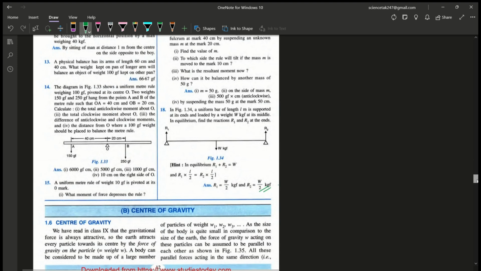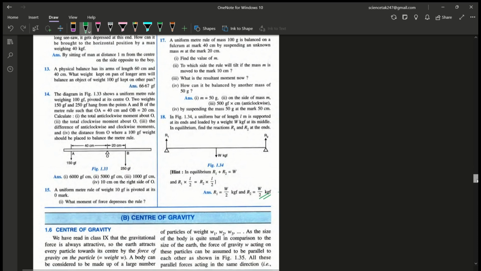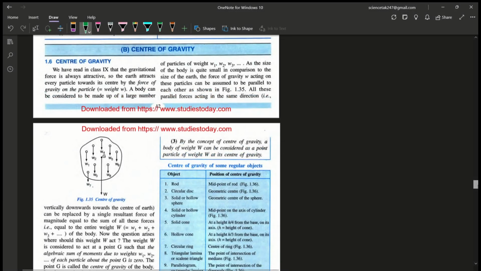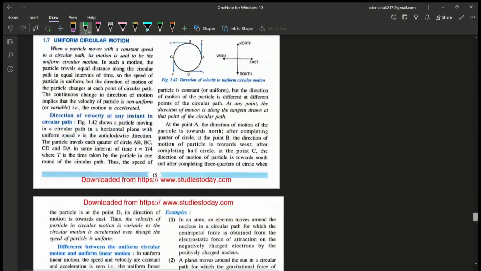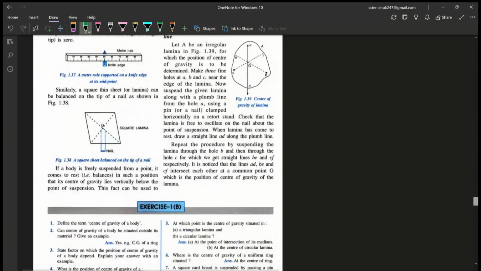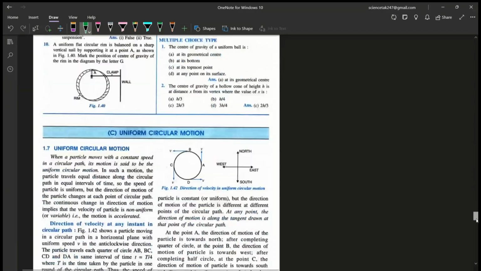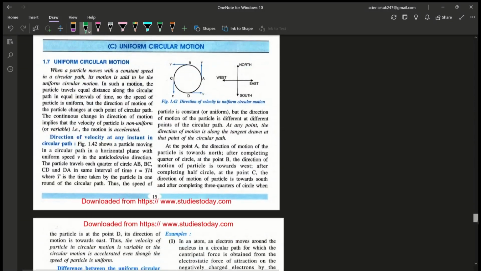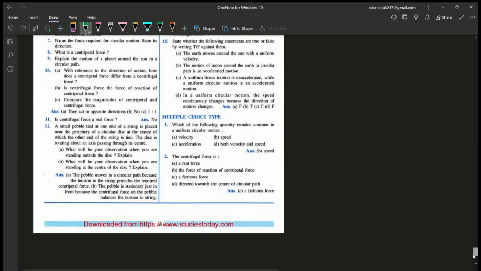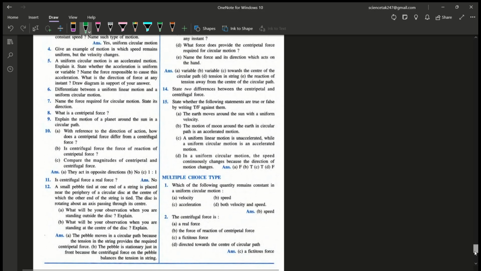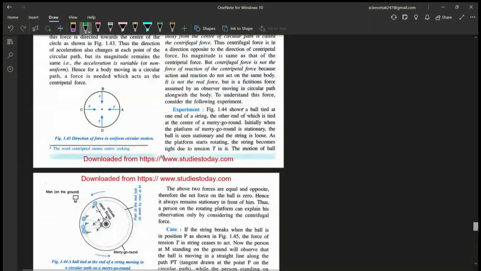If you have any particular doubt regarding any example, please comment down, and then in the third part of the lecture we'll come up with center of gravity. Then we do center of gravity and uniform circular motion all together, and we hardly have any numericals here. So we'll end this chapter in 3 lectures in that case.